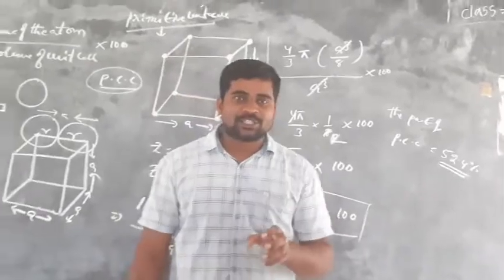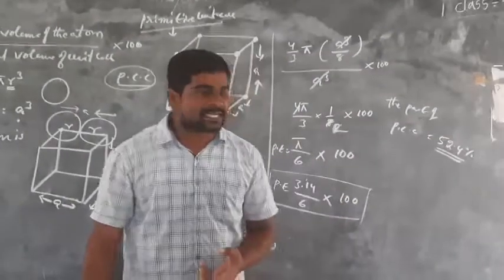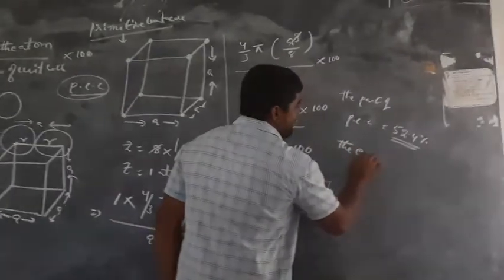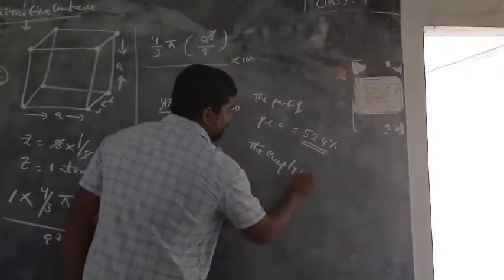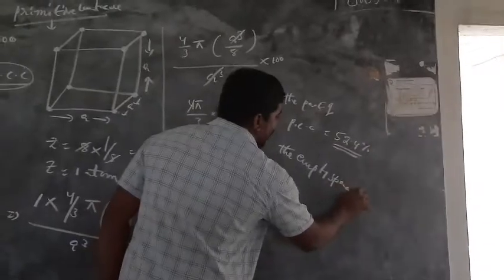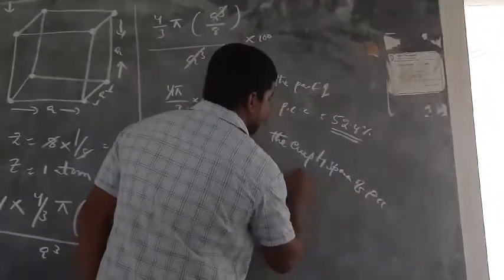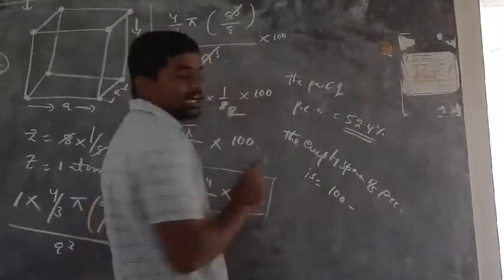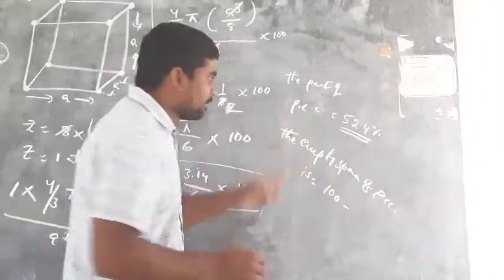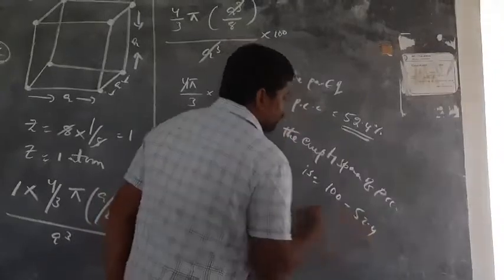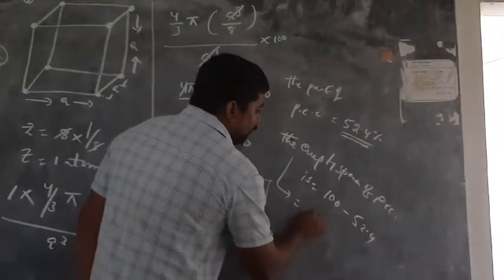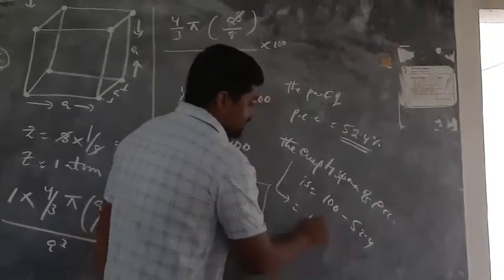What will be the remaining space? The empty space of PCC is 100 minus 52.4, because the total is 100%. We get the final empty space as 48.6%.